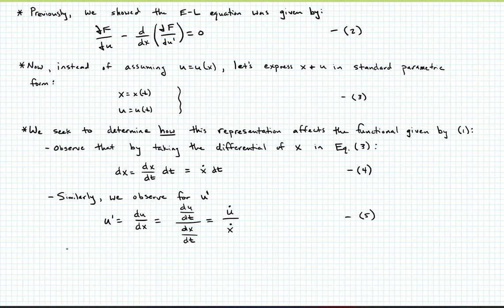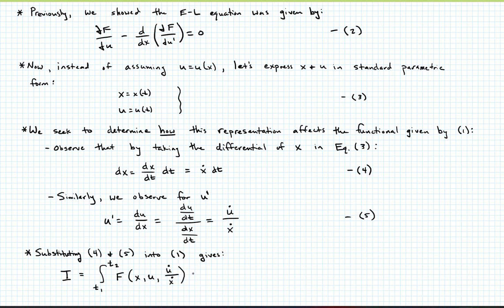So I can substitute equations 4 and 5 into equation 1, that functional, to get the following. We end up then with I is going to be equal to, now we're going to integrate over t, so we're going to go from t1 up to t2 of f, now f looks like x, u, and u prime we just set up here was u dot over x dot.